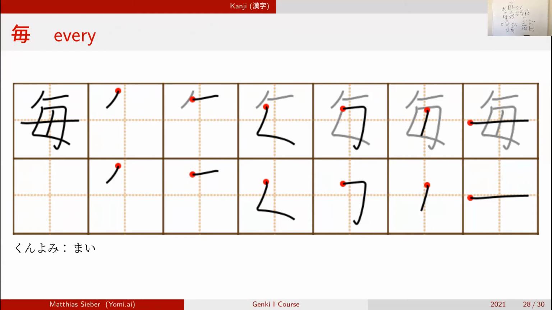Okay, so mai as in mainichi. Now this is more like Robato-san's handwriting, because this goes more out here. And this is actually the kunyomi reading. I actually do not know of a kunyomi reading of this one, at least one that's common.